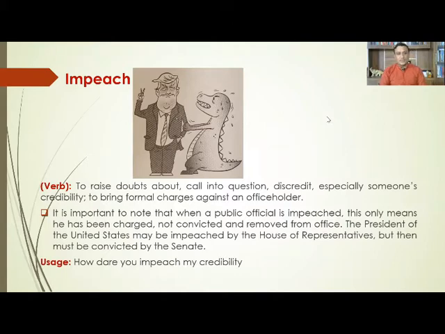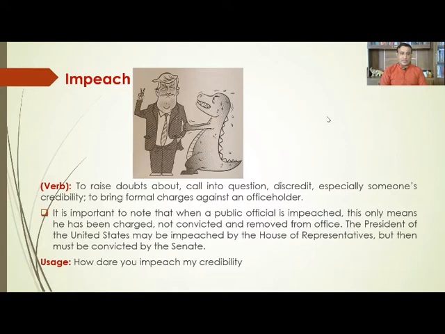So impeach is a verb, and it means to raise doubts about, call into question, discredit, especially someone's credibility, to bring formal charges against an office holder. And it's very pertinent to clarify here that when a public official is impeached, this only means he has been charged, not convicted, and removed from office.